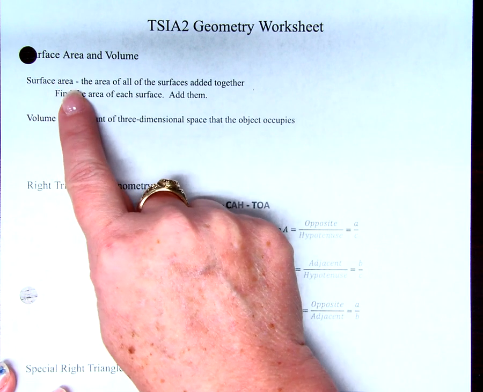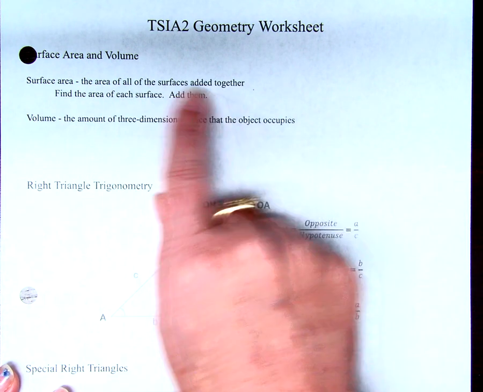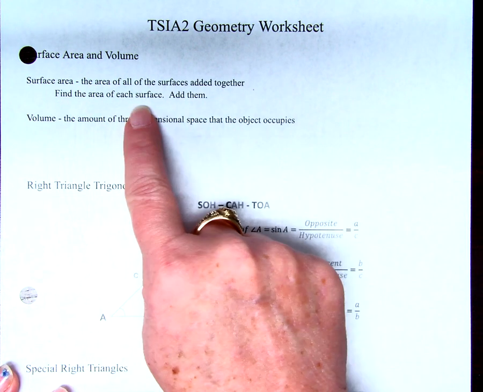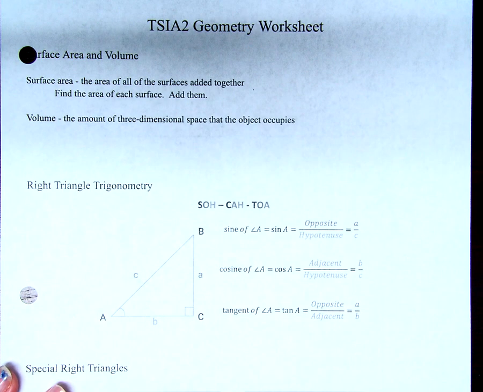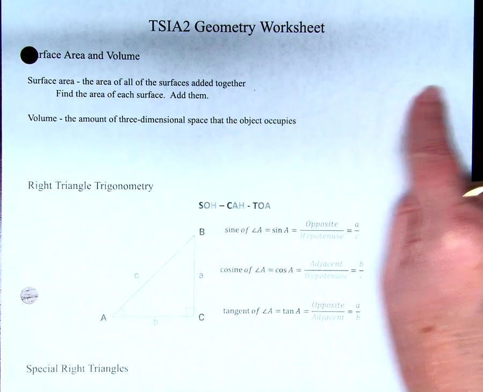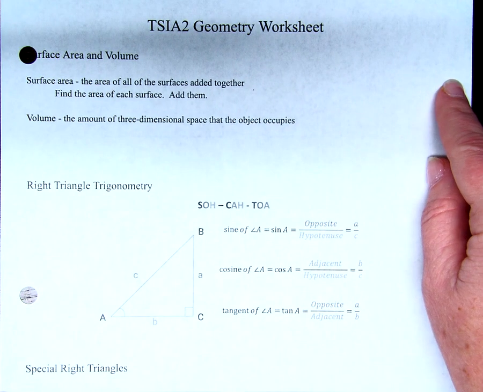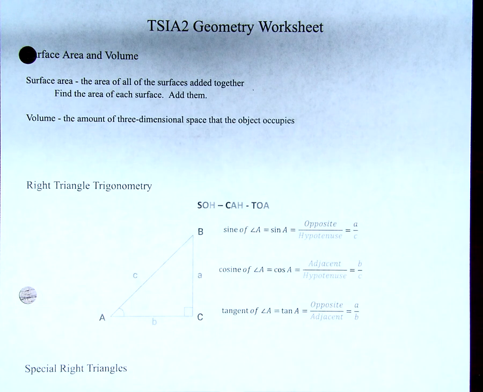Just as a reminder, surface area is the area of all the surfaces added together. So to find the surface area, find the area of each surface and add them. Any questions about that? Now, did I give you a formula for surface area? No. Why? Do you know? There's tons of them, right? It depends on what shape you're getting a surface area of.